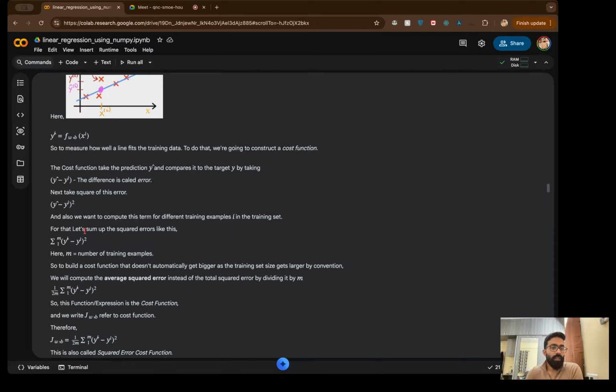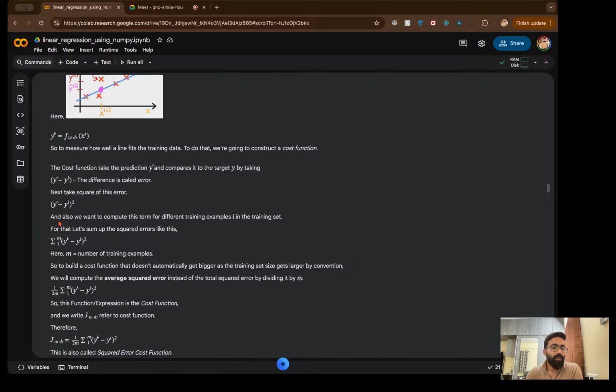For that, let's sum up the squared errors like this. Sigma 1 to m. What is m? m is the number of training examples. We'll take all training examples.